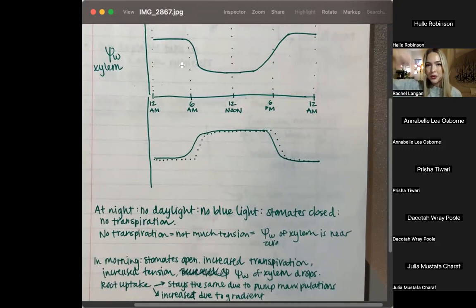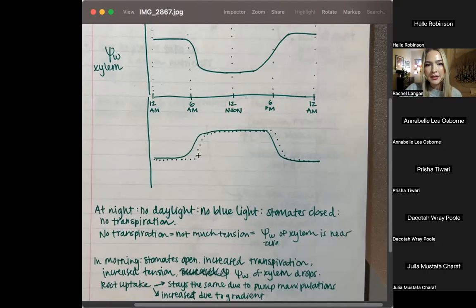As a result of that pull, again, remember, imagine the little chain of water, we're also going to now get increased root water uptake. But importantly, that root water uptake increase happens after the transpiration. So you can't get this to increase until we've already increased the pull from the top.